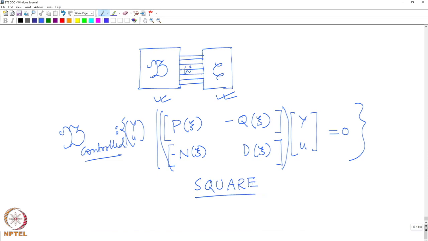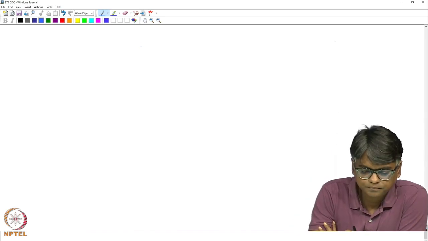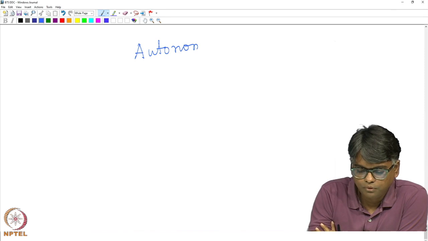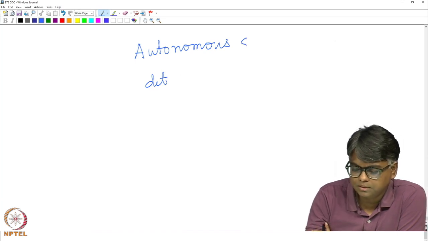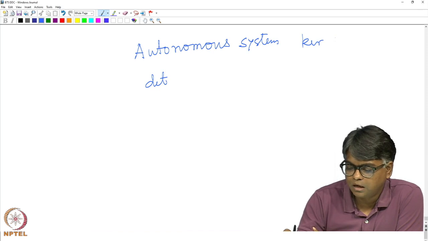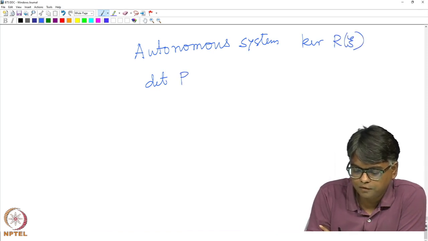If you remember when we talked about autonomous systems, say the kernel of R(ξ), R is a square matrix, we need to find the determinant of this.